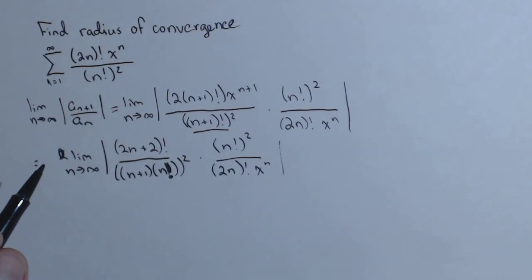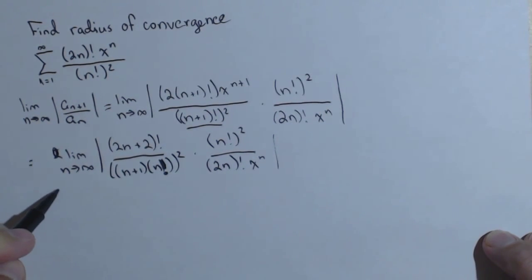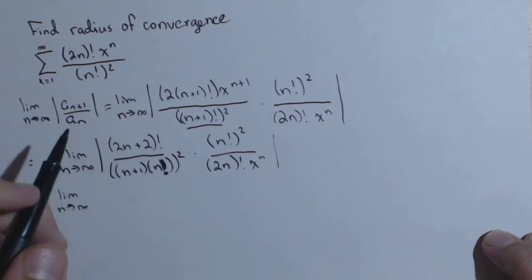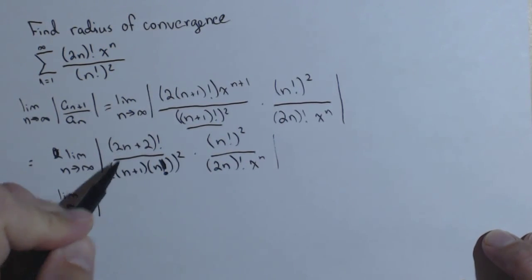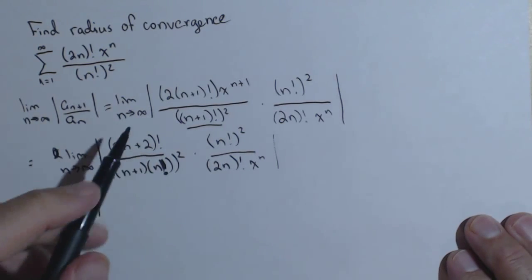Now let's start to see what kind of expansions and canceling we can do. So with factorials, what we're going to want to do is write those out as much as possible, or at least until we see a cancel.